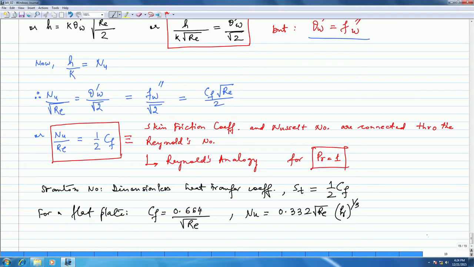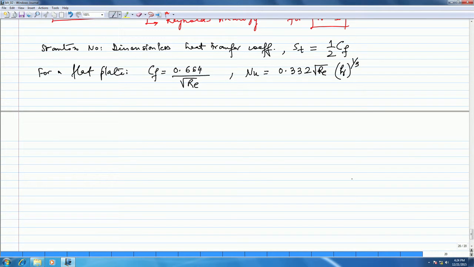Okay, so this is just to wind this up. I will stop here after that. So I will just write this. Now, half Cf Reynolds number is equal to the Nusselt number into Prandtl number to the power minus 1/3.